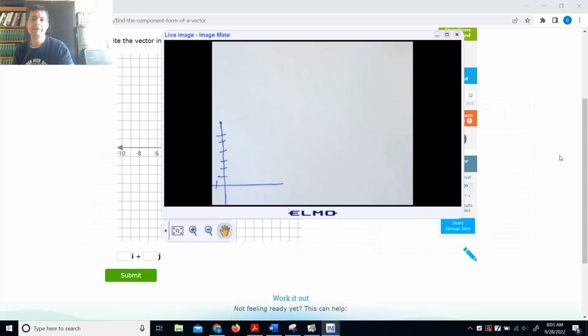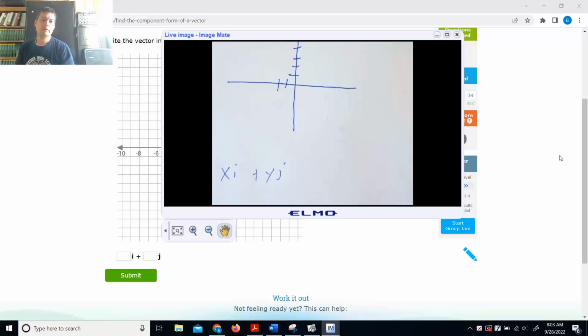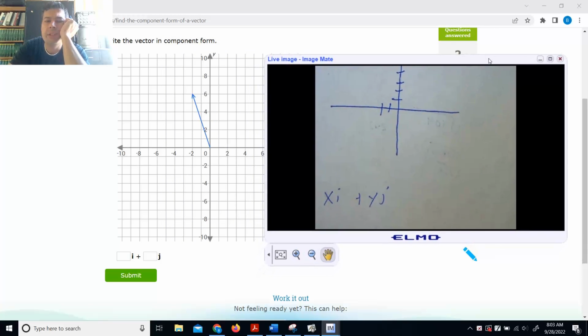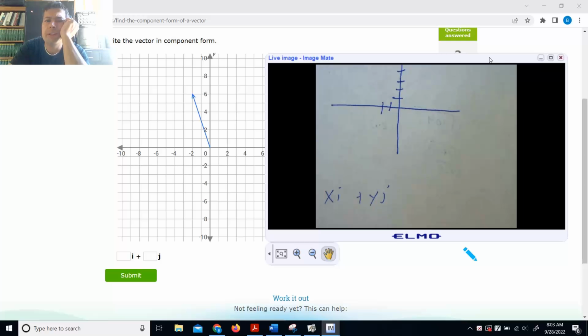All right, so finally something interesting. So when you're talking about the ij notation, which a lot of kids don't like, and I'm not entirely sure why, they switch over to this from the xy axis to the ij axis, but they do.